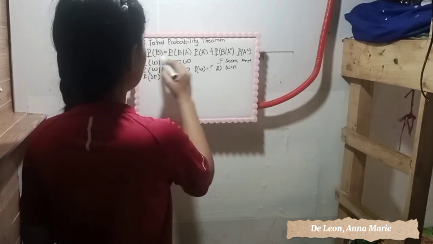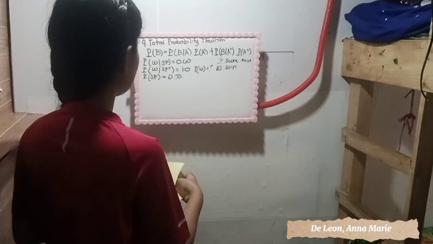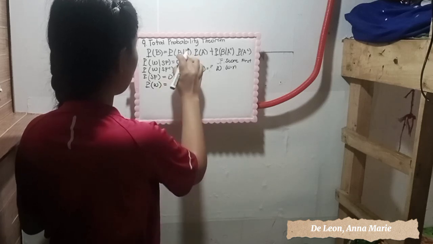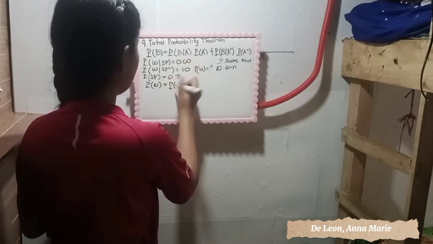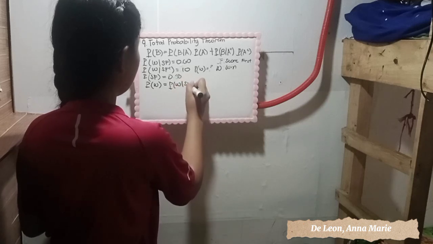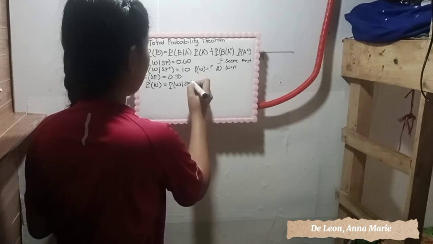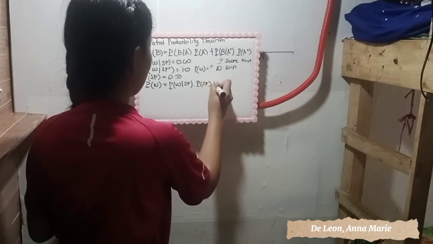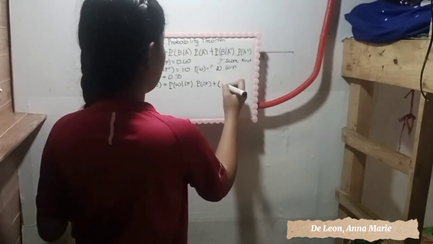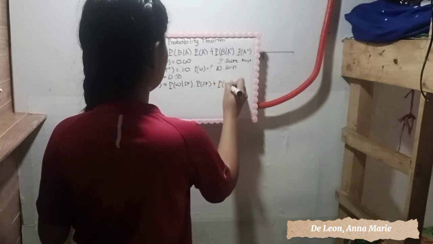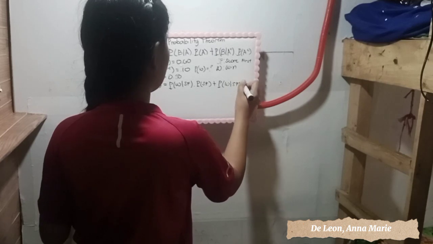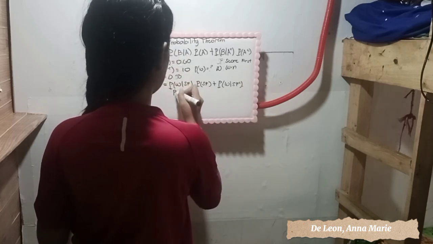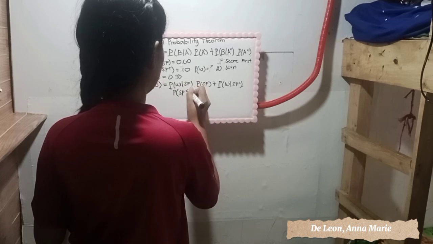So here we have the formula, and we're going to write the probability of win is equal to the probability of win given that she scored first times the probability of scoring first, plus the probability of win given that she does not score first times the probability of she does not score first.